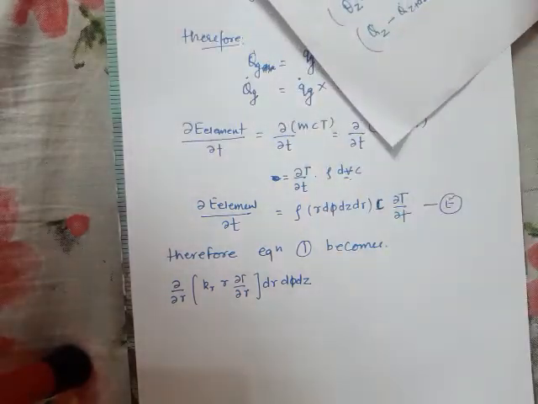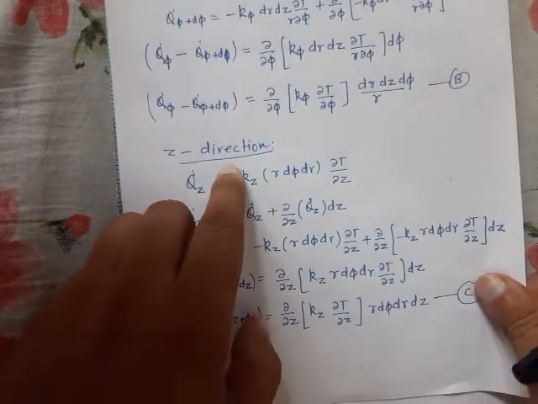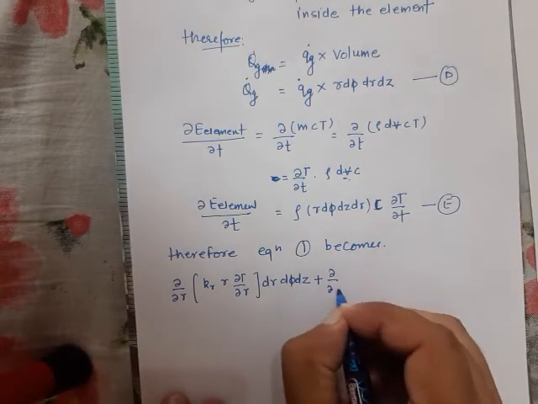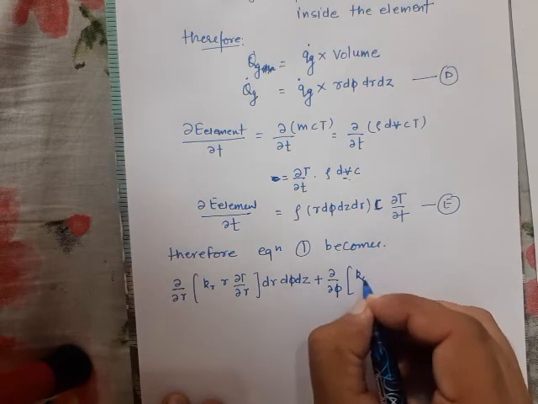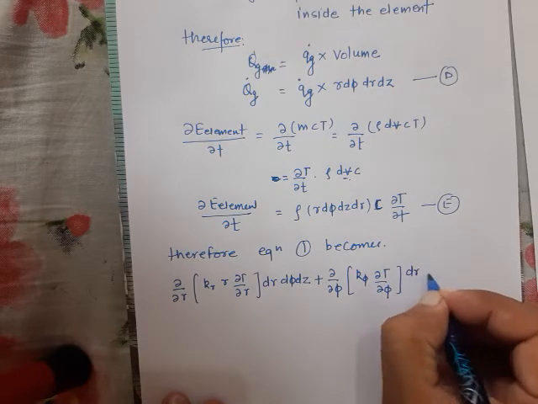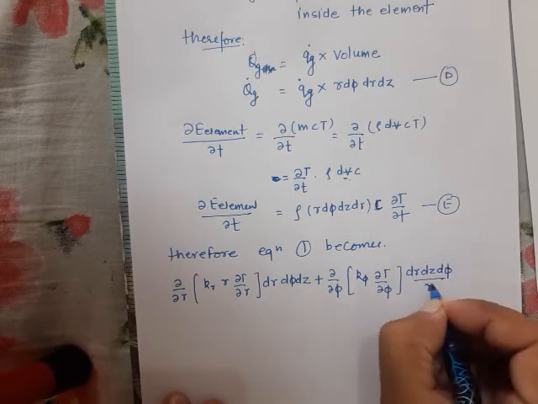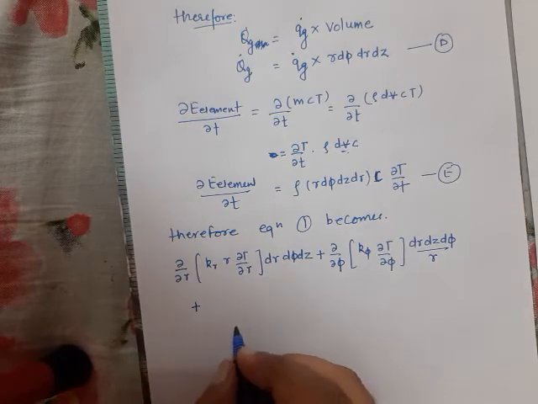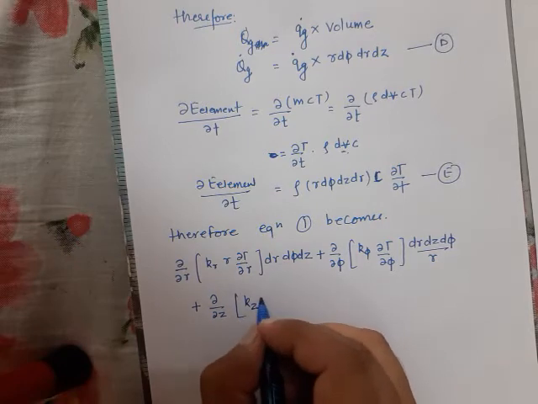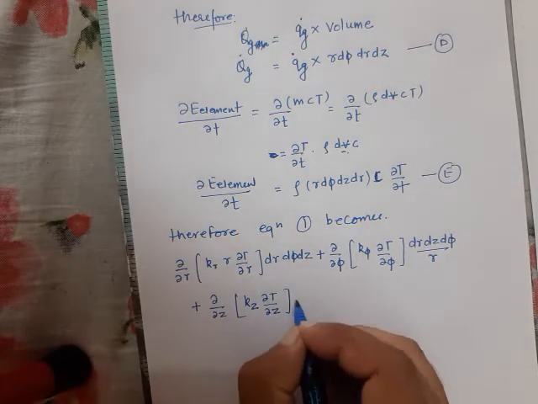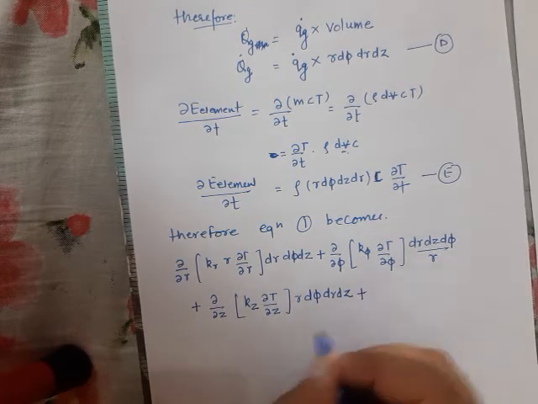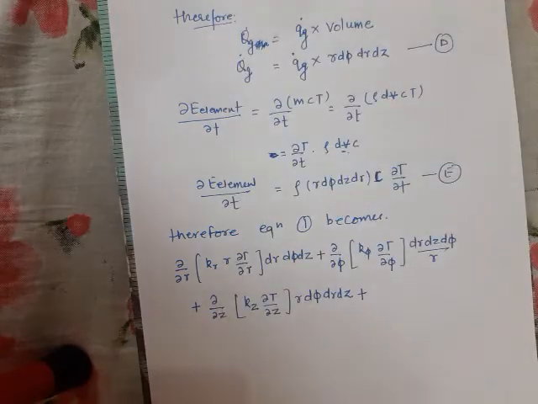Likewise, in phi direction it was del upon del phi, k phi del T upon del phi, dr, dz, d phi upon R, plus qz minus qz plus dz was del upon del z, kz del T upon del z, R, d phi, dr, dz, plus rate of heat generation.